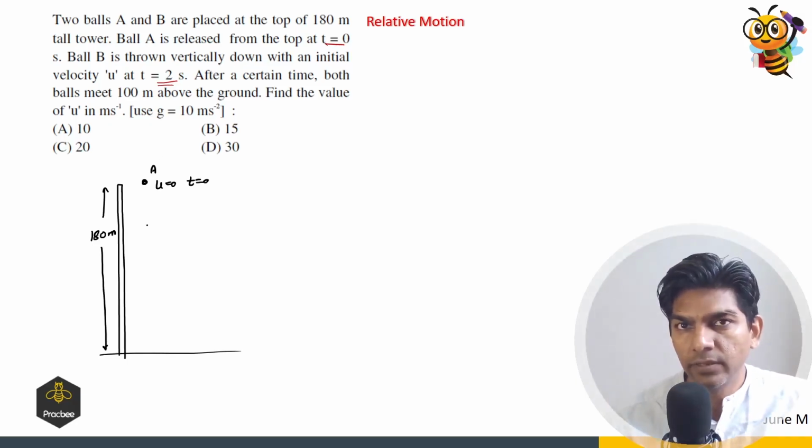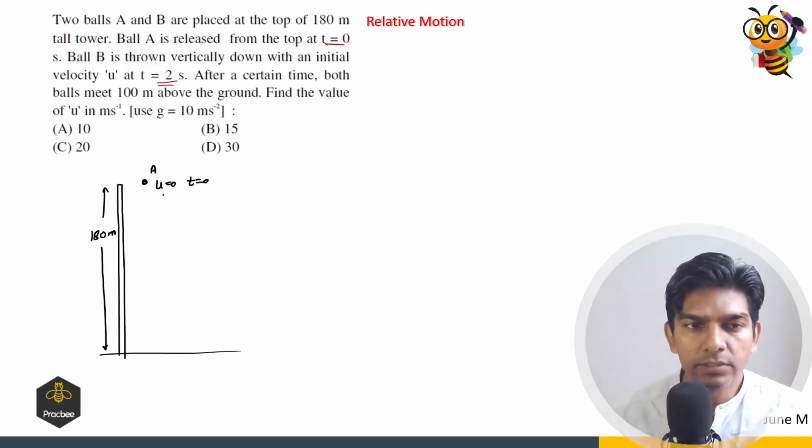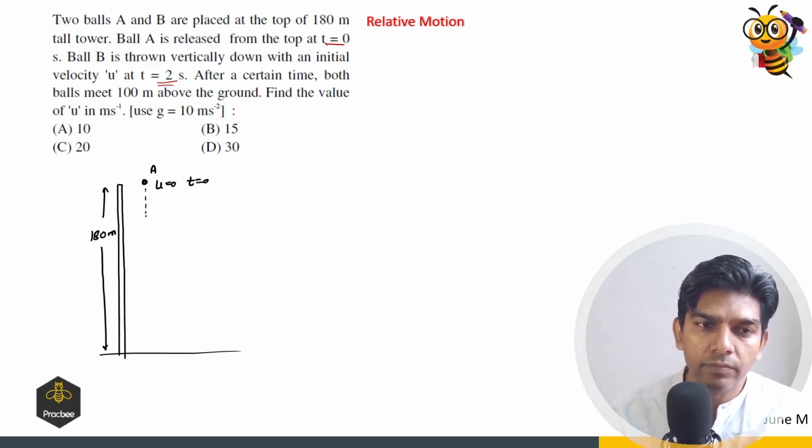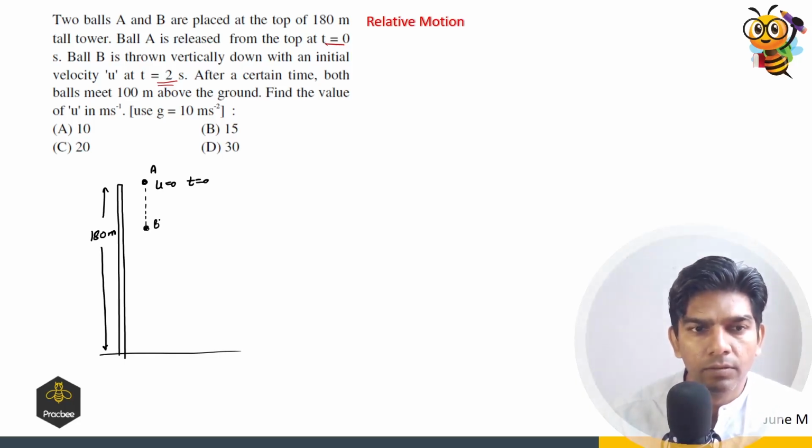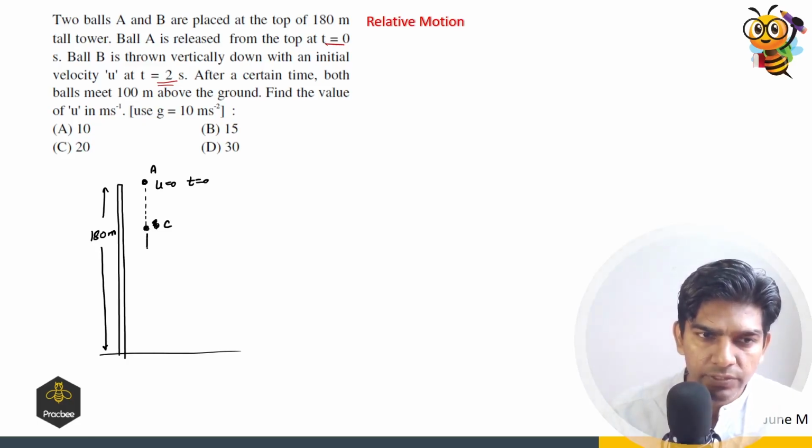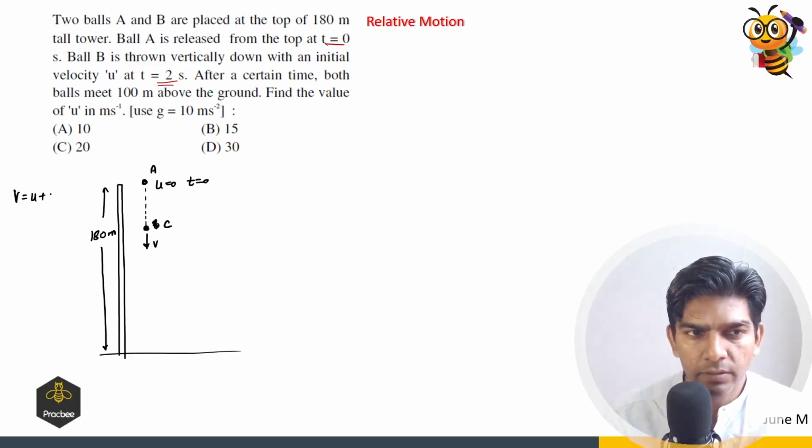So first let us find the state of ball A after 2 seconds. After 2 seconds it will acquire some velocity and its distance from the ground will decrease. Let us say the first ball reaches this particular point C, and its velocity is V. So V is equal to u plus at, where u is 0, a is 10, and t is 2.